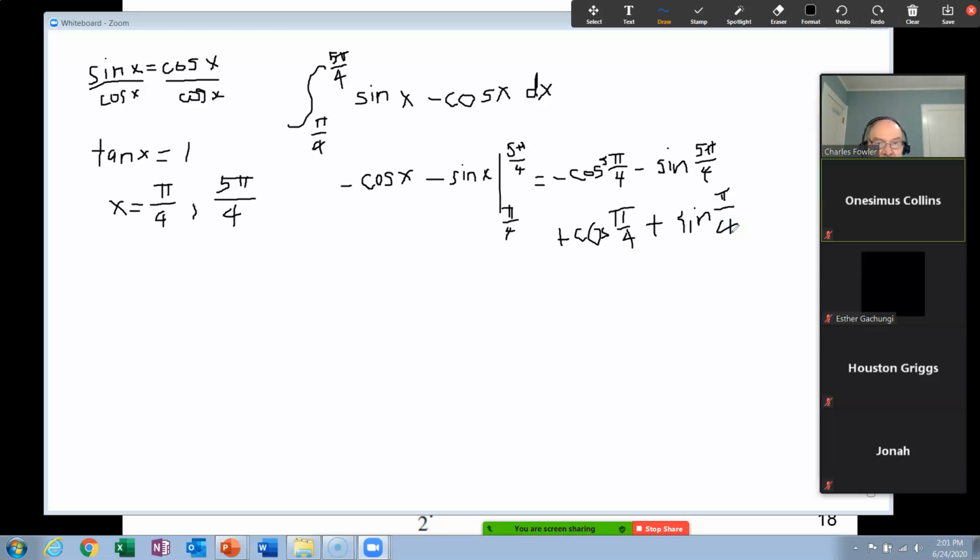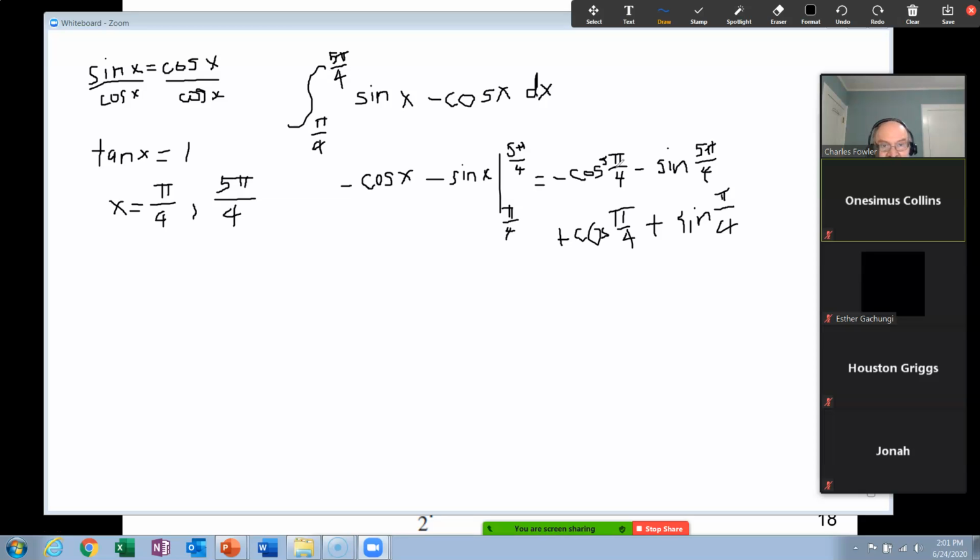Okay. Now the question is, what in the world is the cosine of 5/4 pi? Well, let's go back to our unit circle. 1/4 pi, 2/4 pi, 3/4 pi, 4/4 pi, 5/4 pi. You're down in the third quadrant, right? What is cosine in the third quadrant? Negative.